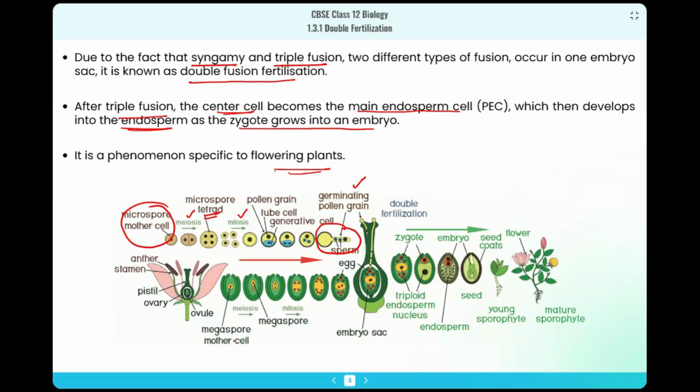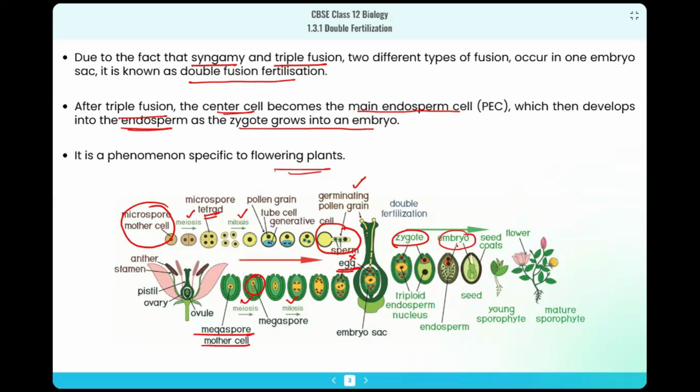And here you can also see that the megaspore mother cell undergoes meiosis as well as mitosis to produce the megaspores, and the megaspore undergoes division to produce 8 nuclei, and among them one will act as the egg, and this egg and sperm will fuse together to form the zygote, which will be enclosed inside the embryo. And that is the first fusion.